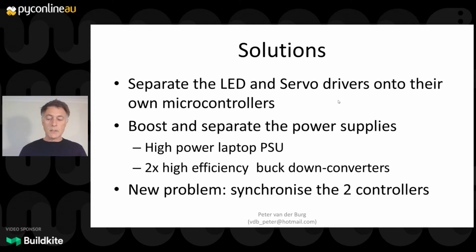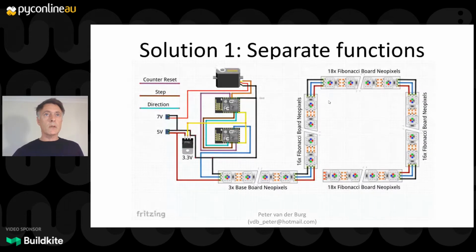So the master is the outputs and driving some inputs into the second controller, and that's what that looks like. So on the top left there, we have a counter reset, the step pulse, and the direction flag. So it's just 3 lines across.